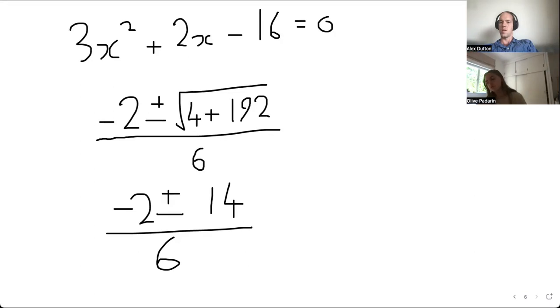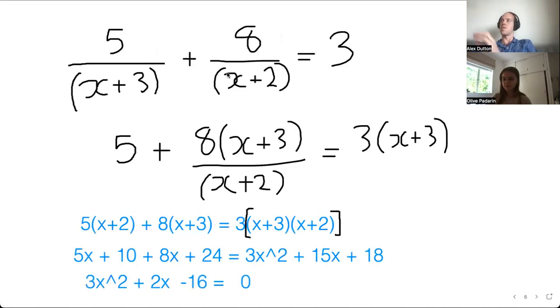So it would be 2 or 16 over 6. Good. And could you just verify that that works by putting it back into the very original equation?